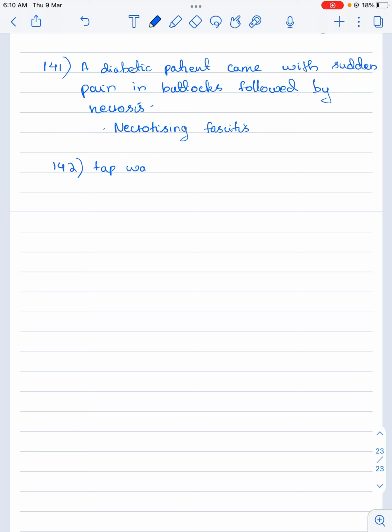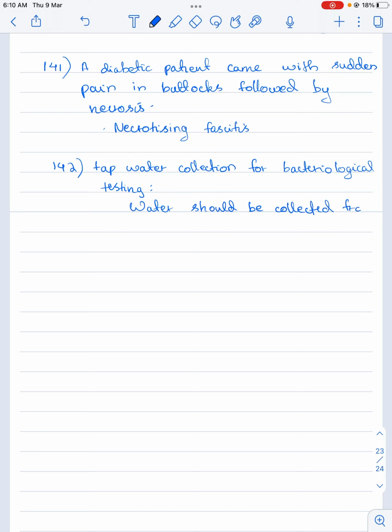Tap water collection for bacteriological testing. So for this, the answer was water should be collected from the midstream, to avoid spillage.